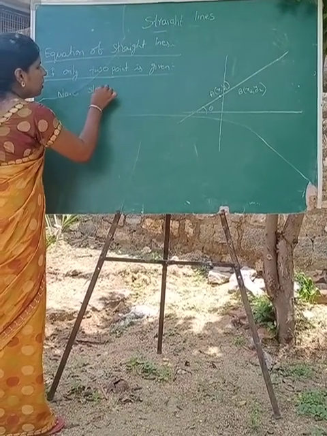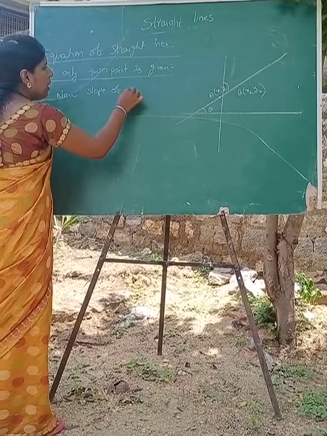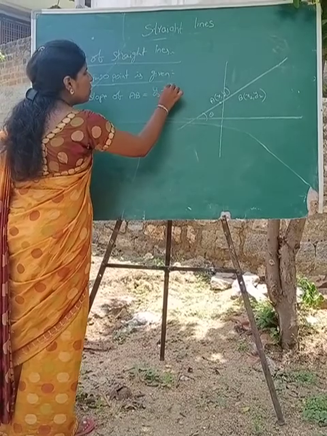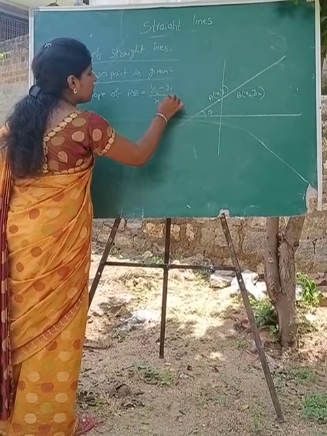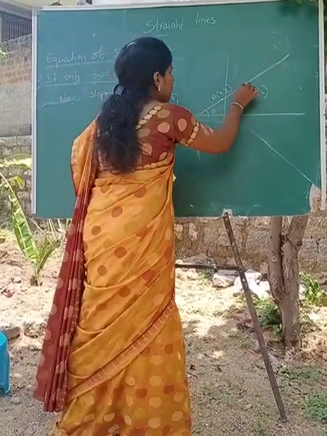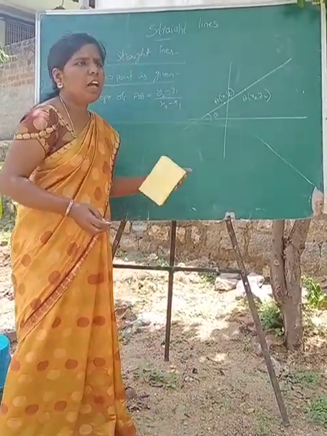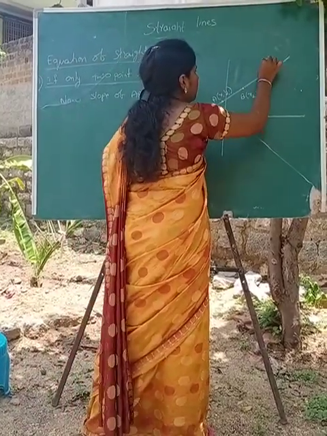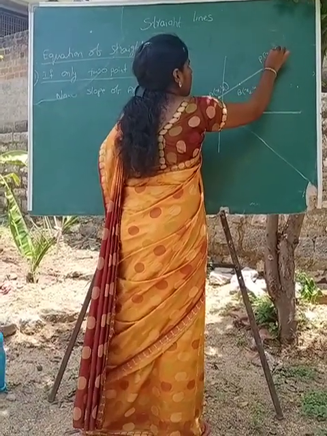Now I'm going to find the slope of AB, which is y2 minus y1 by x2 minus x1. The slope of 2 points is y2 minus y1 by x2 minus x1. And I am going to plot another point on the same line, P, which is x comma y.